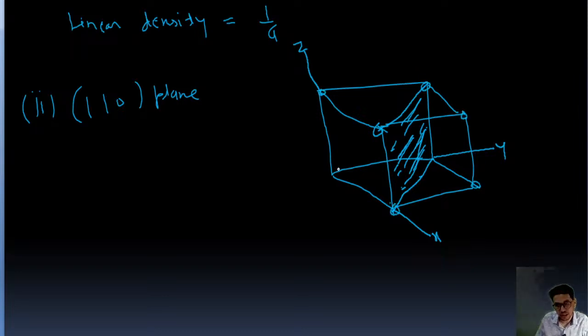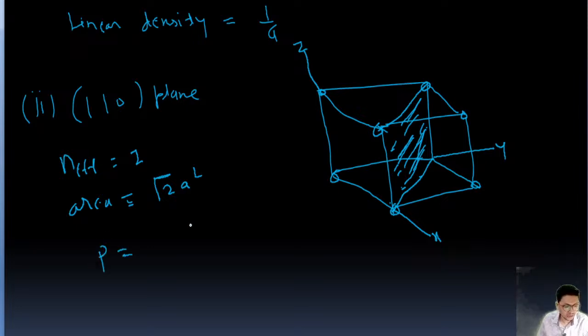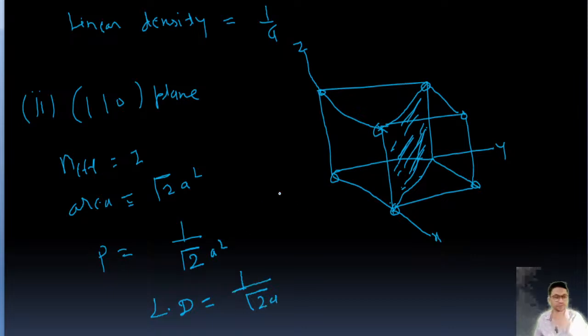For this plane n effective is going to be 1, and area is going to be root 2 a square. So the atomic density is 1 upon root 2 a square, and linear density is 1 upon root 2a.